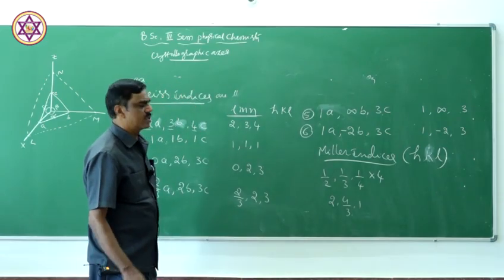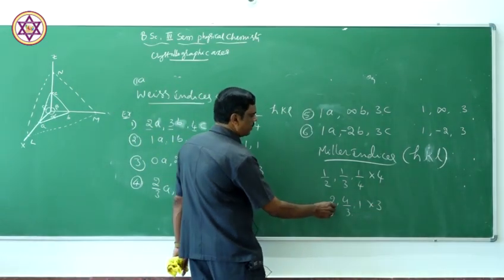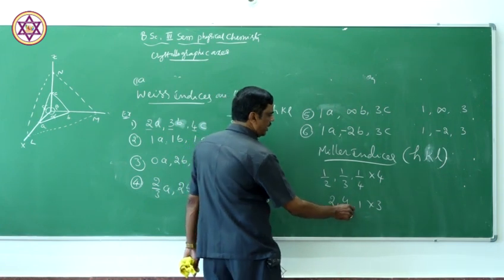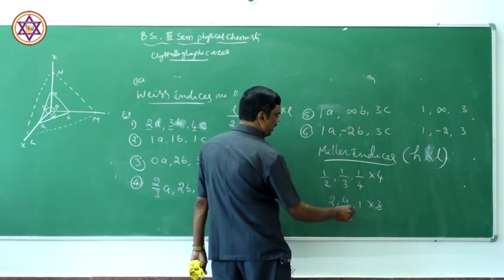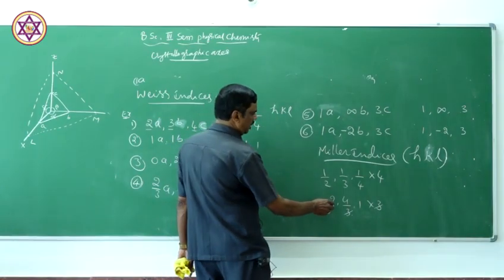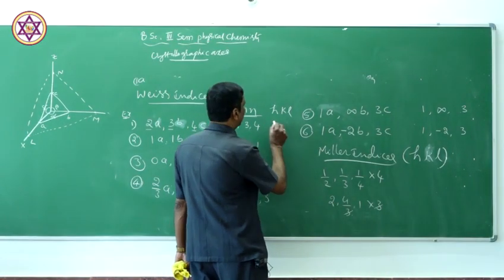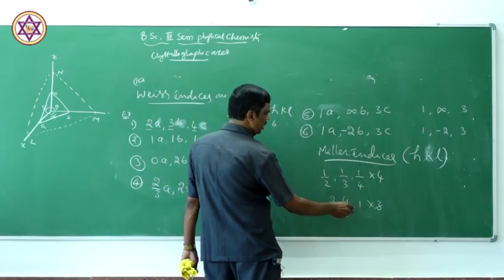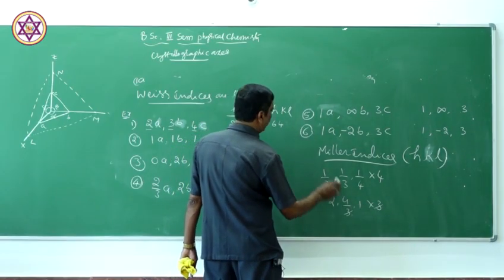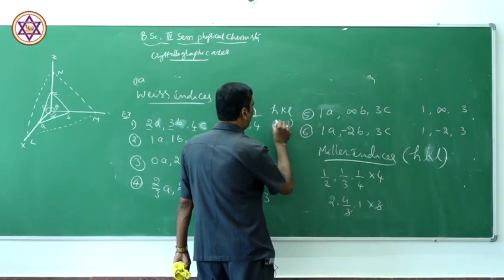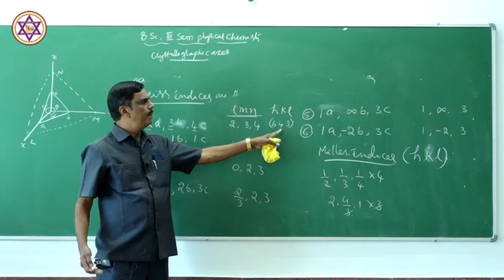Again, you convert this into a whole number by multiplying by 3. This becomes 6, this becomes 4 and this becomes 3. Multiply by 3: 3 into 2 is 6, 3 into 4 by 3 is 4, 3 into 1 is 3. So, therefore, 643 is the Miller indices.